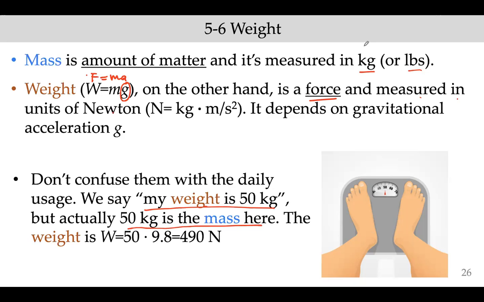Remember, kilogram is the unit of mass. So what we have to say is actually my mass is 50 kilogram. Okay, what about the weight? If your mass is 50 kilogram, what would be your weight? Your weight would be 50 times 9.8, which is the gravity of the Earth. It will be approximately 490 newtons.